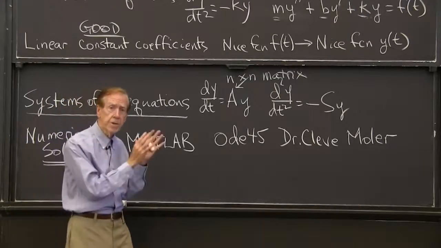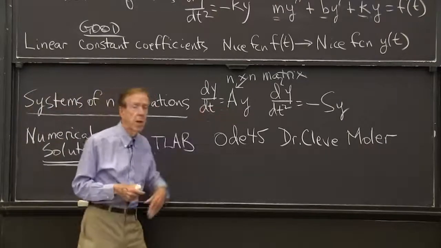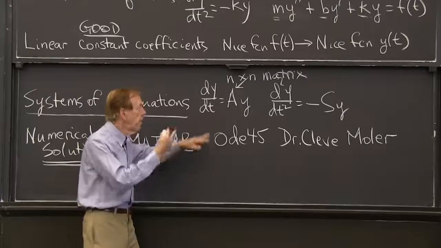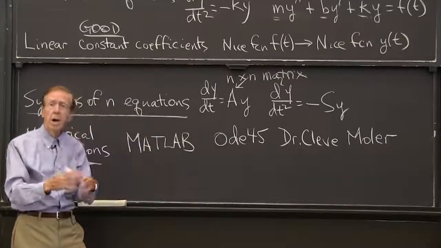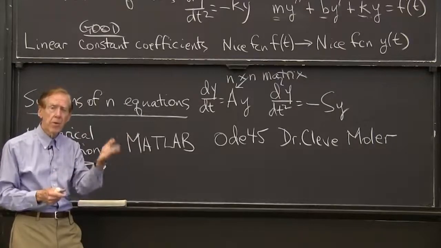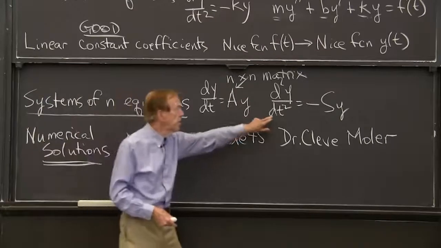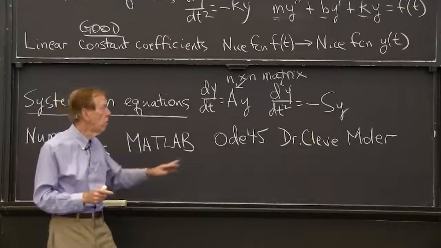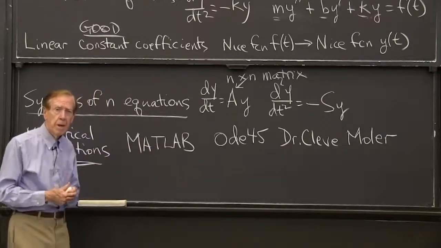Eigenvalues and eigenvectors is a key bit of linear algebra that makes these problems simple, because it turns this coupled problem into n uncoupled problems, n first-order equations that we can solve separately, or n second-order equations that we can solve separately. That's the goal with matrices, is to uncouple them.